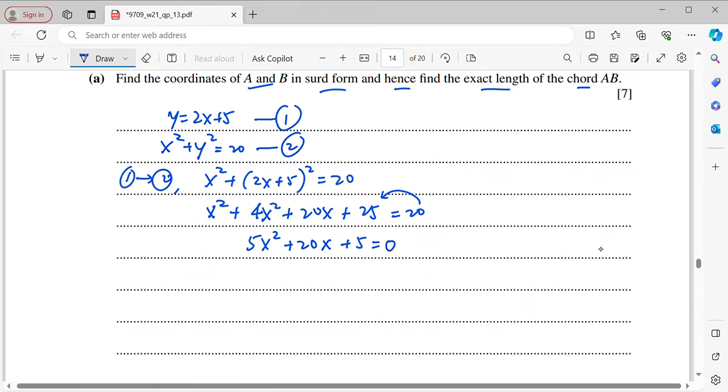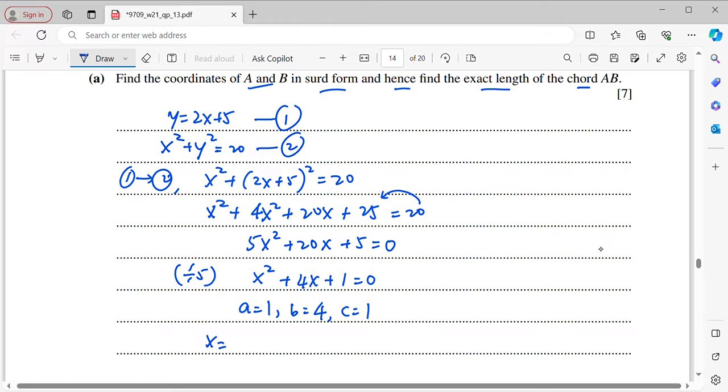This quadratic equation can be solved using the quadratic formula. But before that, I will divide the whole equation by 5 first. So here it becomes x squared plus 4x plus 1 equals 0. I introduced the quadratic formula just now. Write down the a, b, c and substitute into the quadratic formula to get x.